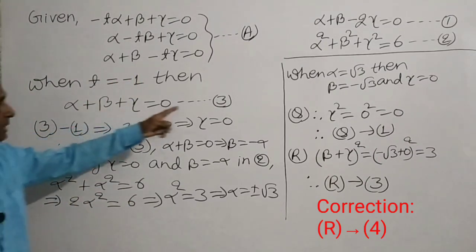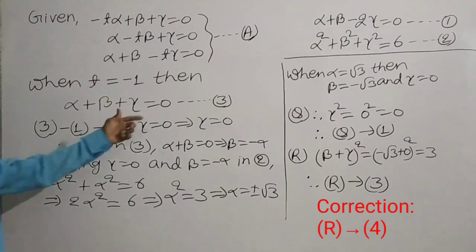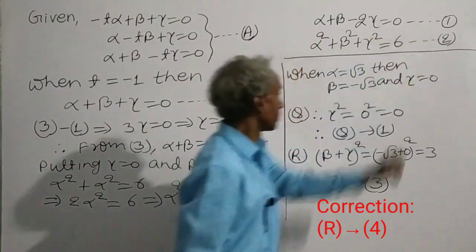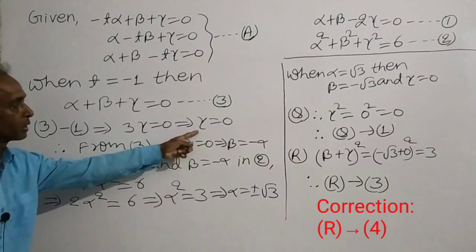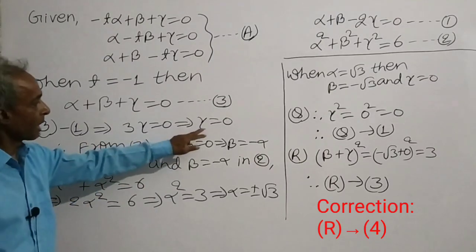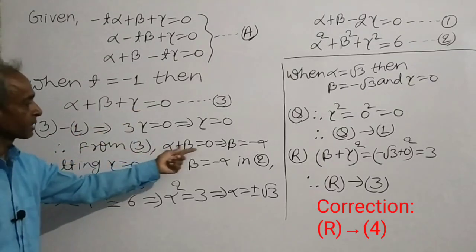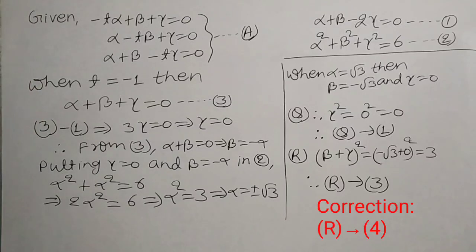We suppose this is number 3. This 3 minus this 1 gives 3 gamma is equal to 0. This implies gamma is equal to 0. Putting gamma is equal to 0 here, we get alpha plus beta is equal to 0. That means beta is equal to minus alpha.